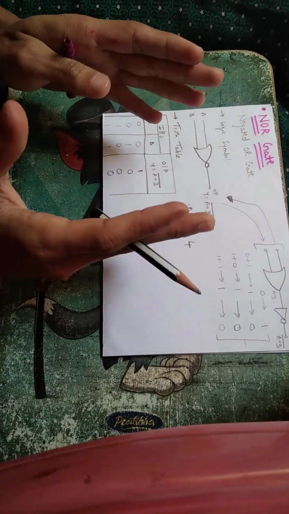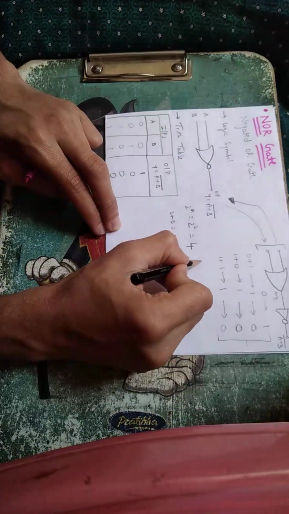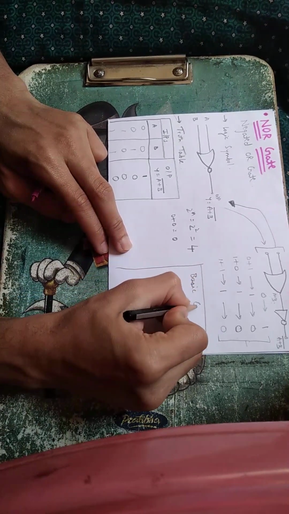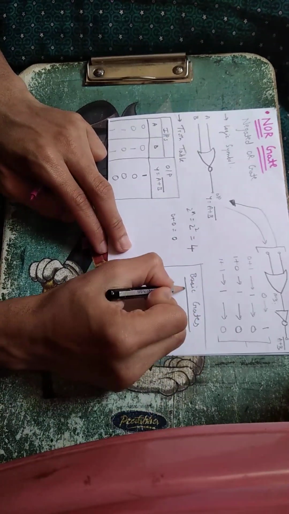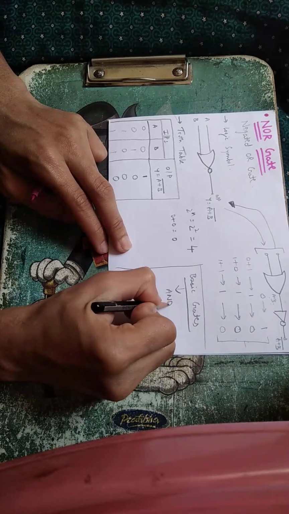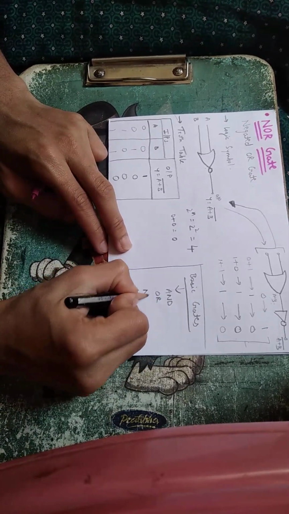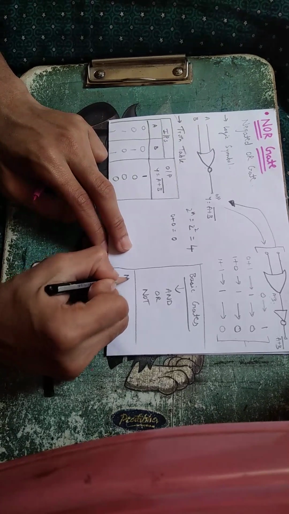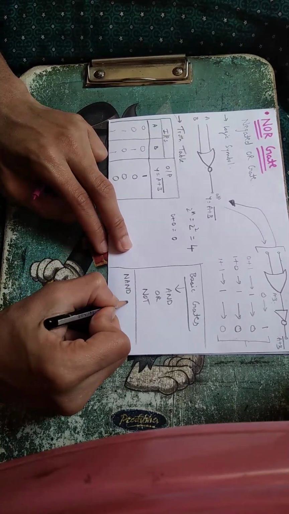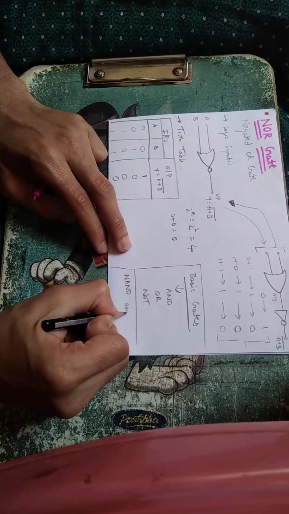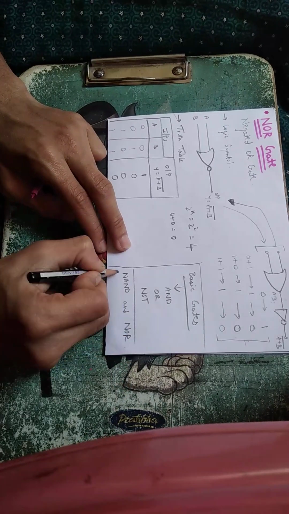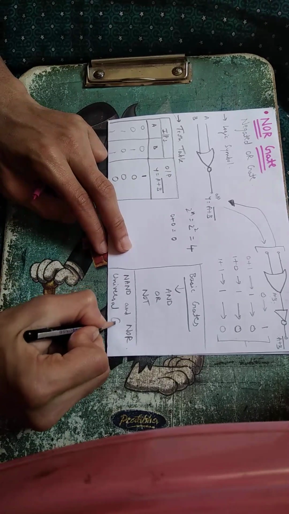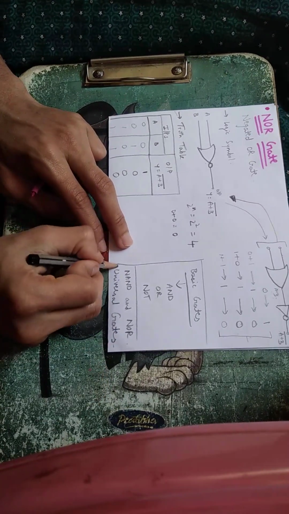So this is all about the basic gates being used: AND, OR, NOT, and then you have also seen NAND and NOR. These two are called universal gates.